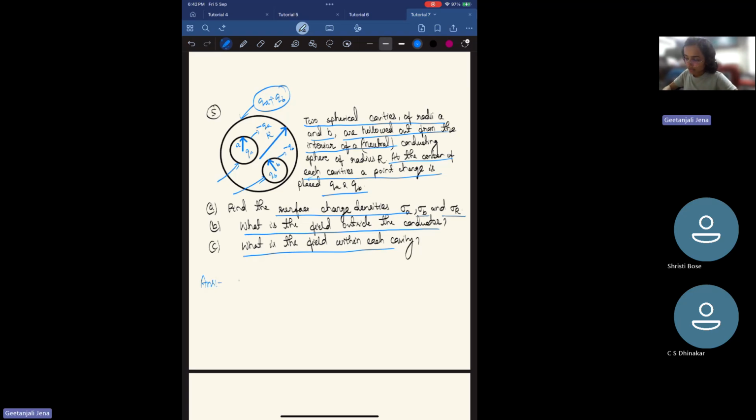So sigma A is minus QA by 4 pi A square, sigma B is minus QB by 4 pi B square, and sigma R is QA plus QB by 4 pi R square.